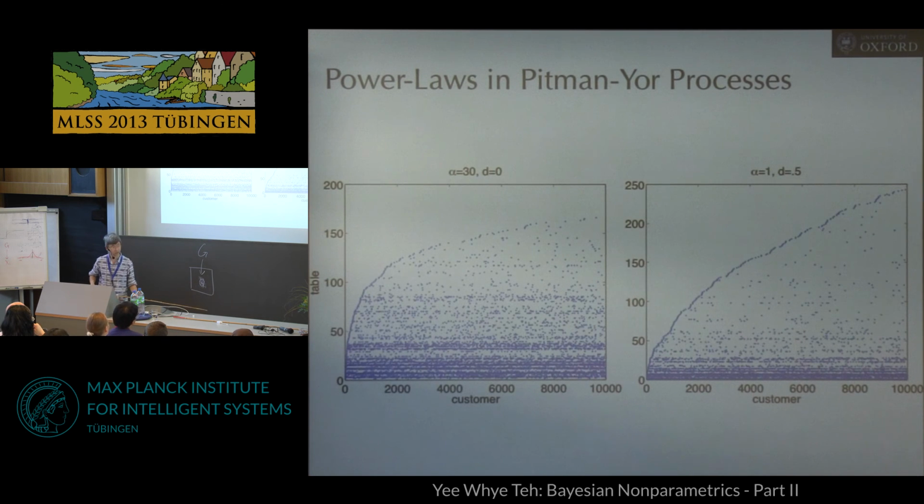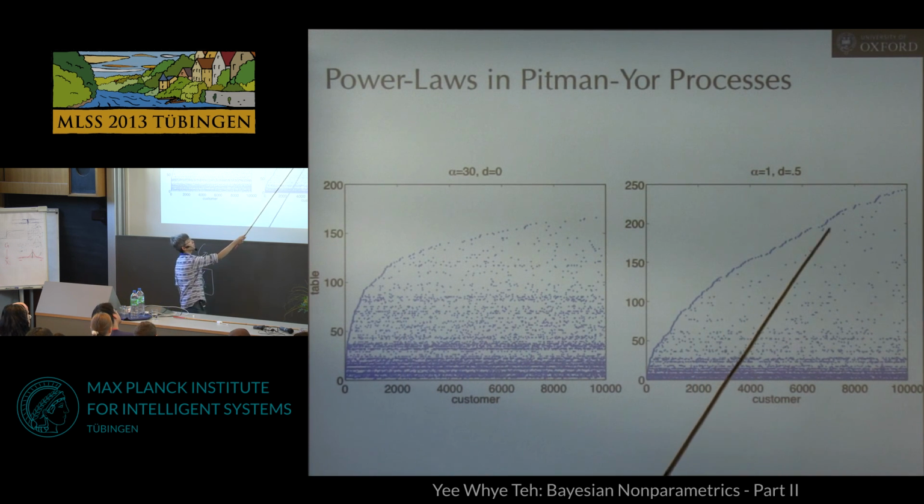Okay. So here are just a few figures. Here we have a Dirichlet process, and again, customers are indexed on the x-axis, tables on the y-axis, and the boundary here, the front here, is basically the growth of the number of tables as the number of customers grows, and that grows quite slowly compared to a Pitman-Yor process that grows quite fast.